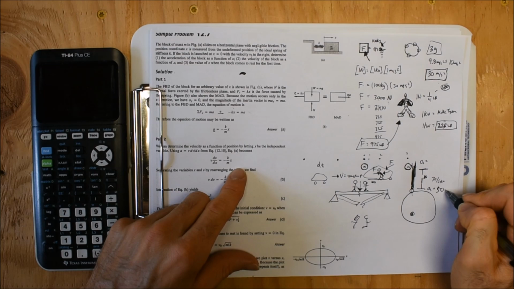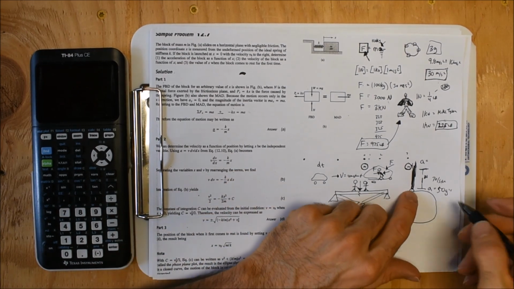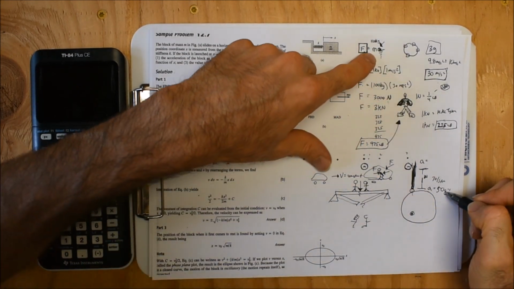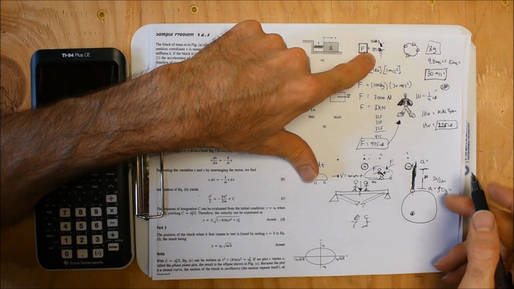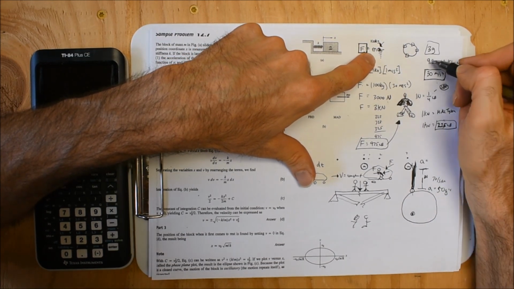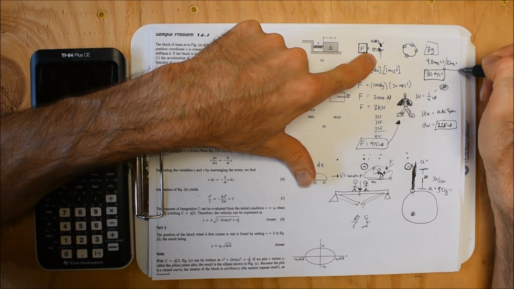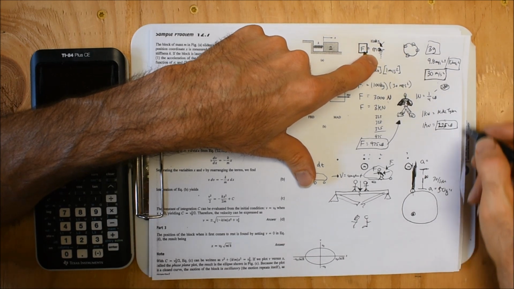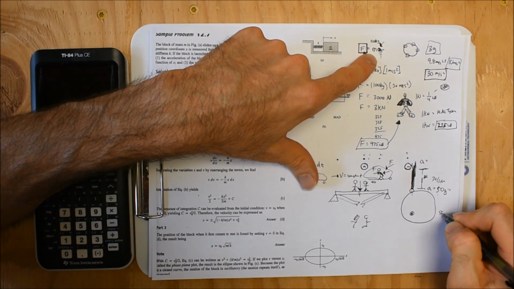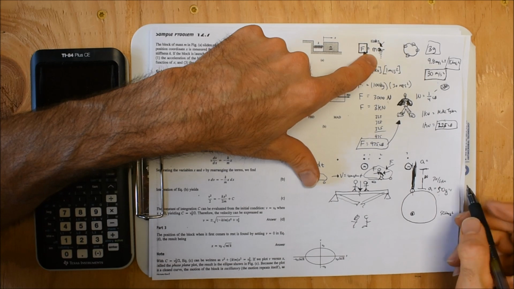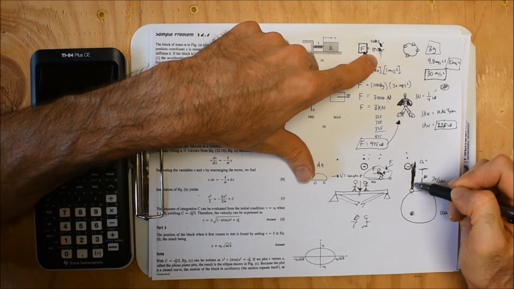It's literally 50 G's. So what does that mean? Well, let's just do it. What's 1 G? That's 10 meters per second squared. So what's 50 of those? That's 500 meters per second squared. What's the mass of this shaft?